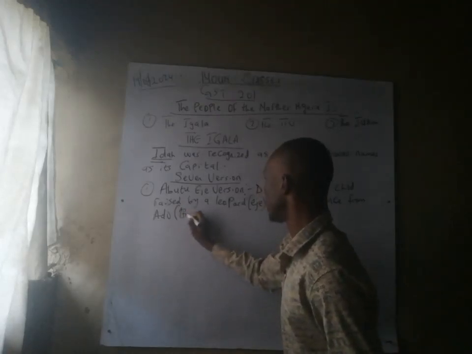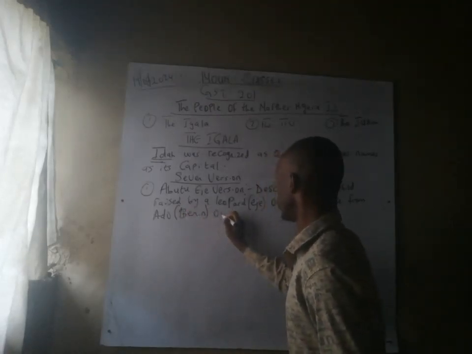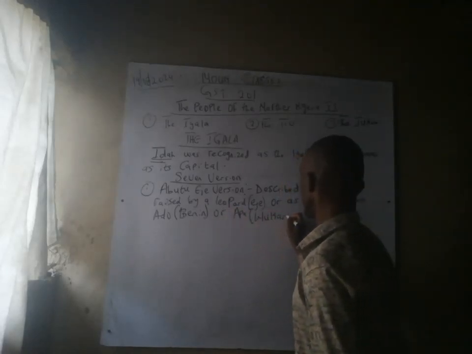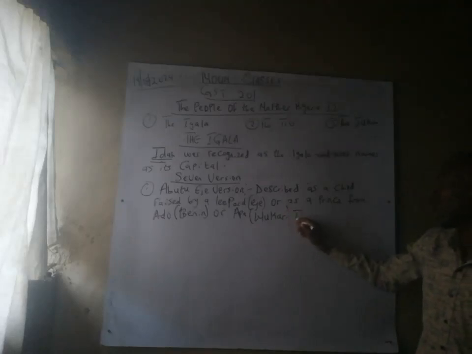Ado is Benin, or Akpa. What's Akpa? Ukari, Jukun. And according to the legend, through this version, it was known that sovereignty was transferred from the population of the Akpoto.